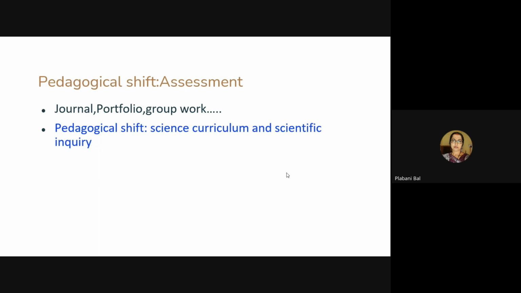Teachers' guidance and monitoring of learning was there, but now the teacher's role has changed from monitoring to facilitation and mentoring, and encouraging learning through support.